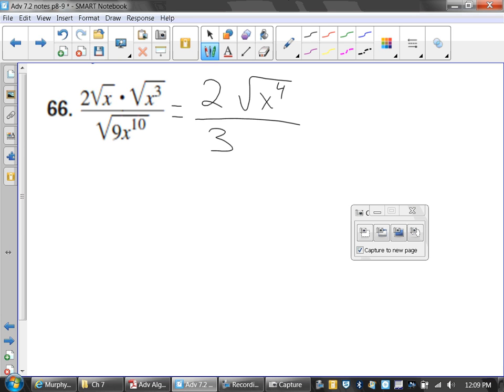What's the n value outside of the root that you don't see? 2. Remember, 2 for square root is always 2, right? So 2 goes into 10 how many times? Any leftovers? What's the square root of x to the 4th then? x squared. Now you have 2x squared over 3x to the 5th.